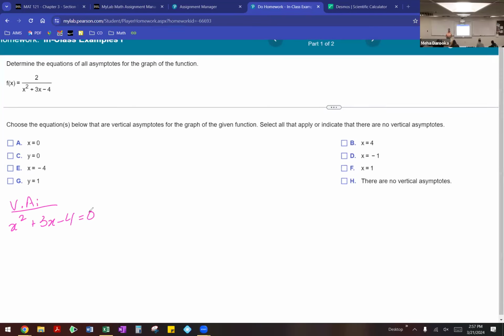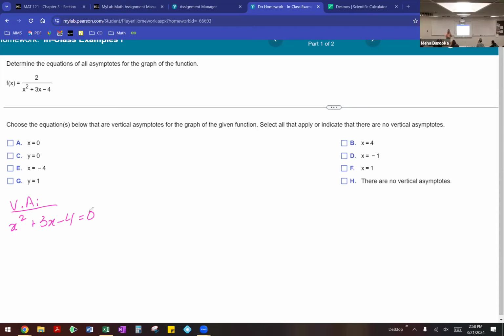Now that's a quadratic equation, right? So what can we do to solve it? Can we factor it? Yeah, very good. That'll work.